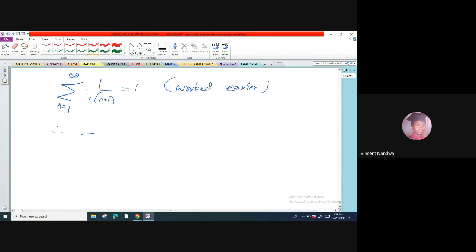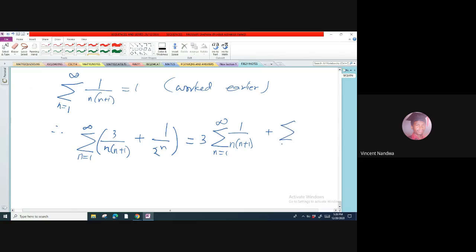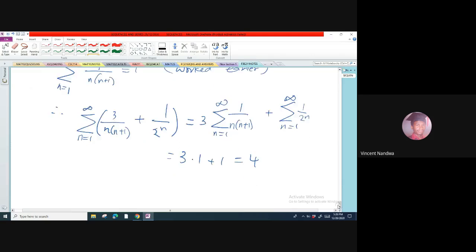So therefore, summation n from 1 to infinity of 3 over n into n plus 1 plus 1 over 2 power n will be 3 summation of the first plus summation of the second, which will be 3 times 1 plus 1, which is 4. So therefore the solution there is 4.